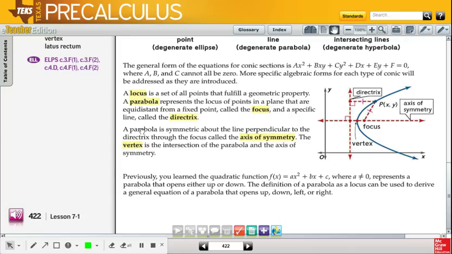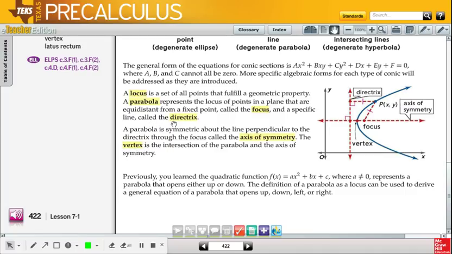So the next given information here will relate to this graph shown on the right. A locus is a set of all points that fulfill a geometric property. A parabola represents the locus of points in a plane that are equidistant from a fixed point, called the focus, and a specific line called the directrix.